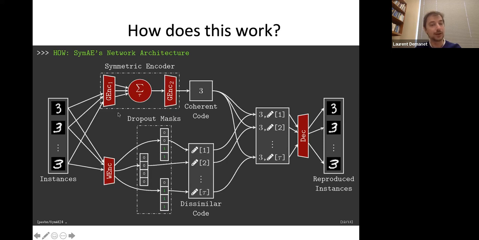In particular here, look at what happens in this box that I call the symmetric autoencoder. What I'm asking here is that when you feed those instances together into this encoder, I want the result of encoding to be independent of the permutation of those instances. If I feed those instances in a different order, I want the result to be permutation independent. Why? Because here, for instance, I want this to contain the information of the digit 3 that doesn't depend on the order in which these images appear in the training.